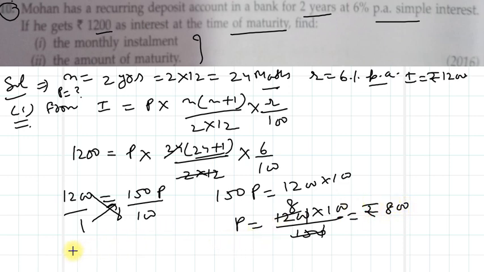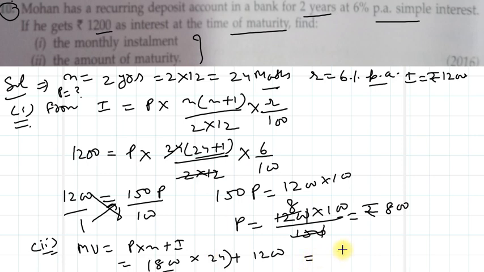Now move on to the second part, find the amount at maturity. Therefore maturity value will be P into n plus I. How much P we have calculated, 800 into n is 24 plus interest is given 1200, right?